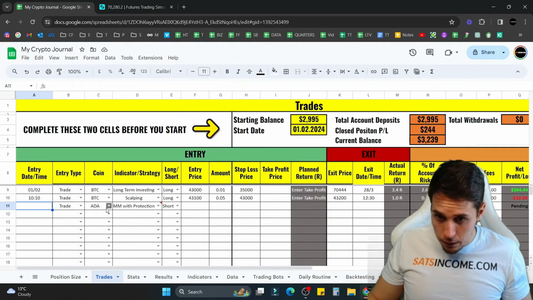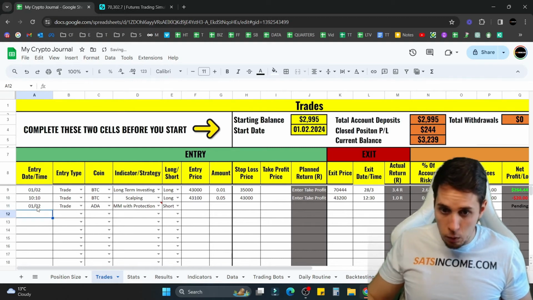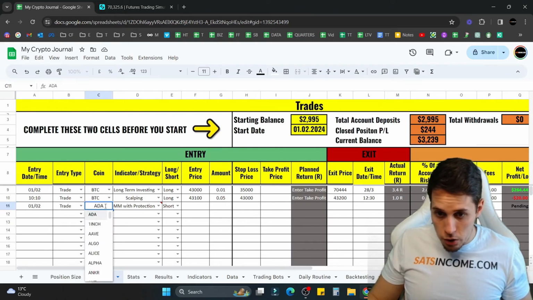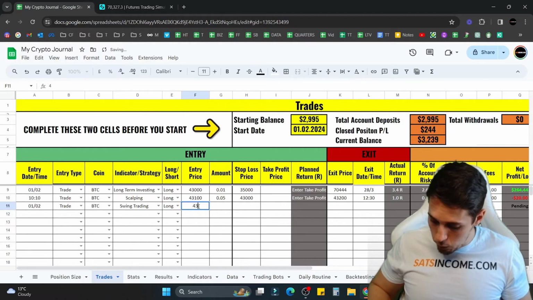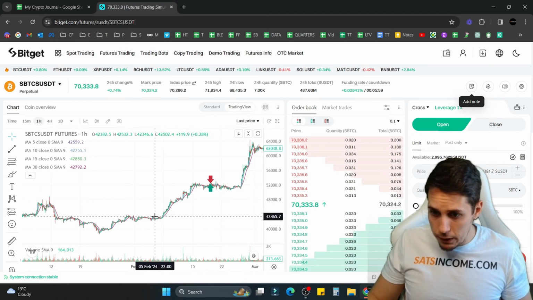Now let's say that you entered on this exact same day a swing trade, right, which you held for like a week. So add here the date, add here the coin, which again, let's say that is Bitcoin. This was a swing trade, a long swing trade. You entered at $43,200. You held it for like 7 days.